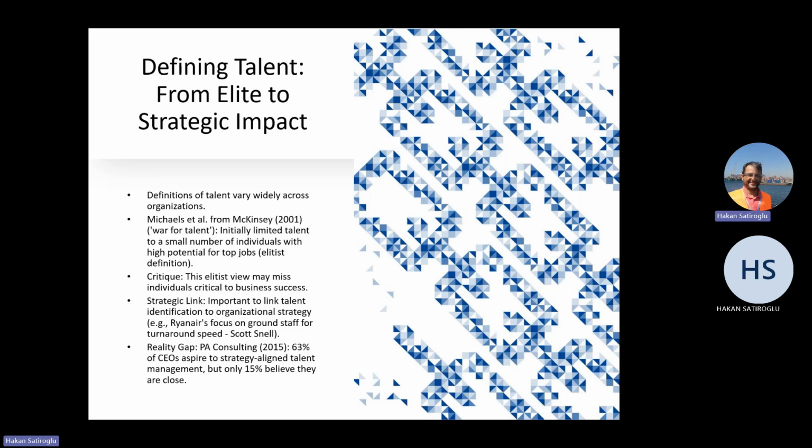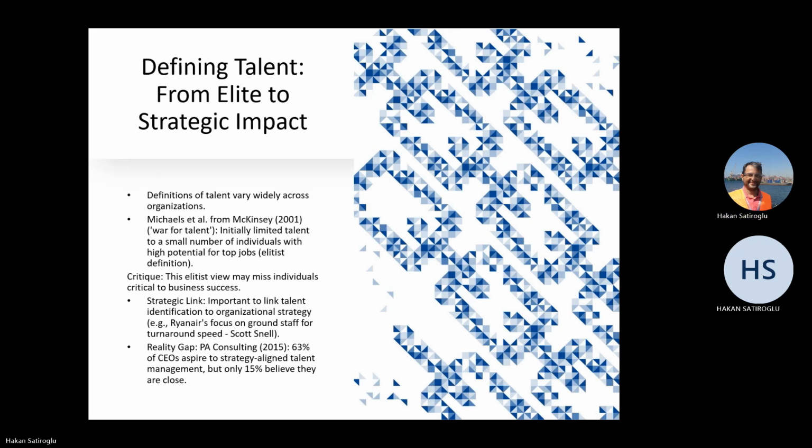However, this is the initial limited talent. A small number of individuals with high potential for top jobs are important because we don't have limitless cost. We have limited resources, and we should use them effectively. Therefore, dividing talent development into sections is really important. So this is a critic: the elitist view may miss the individuals critical to business success as well.